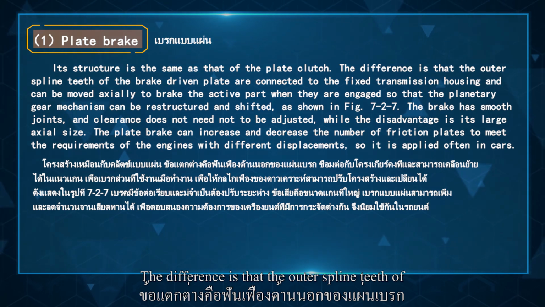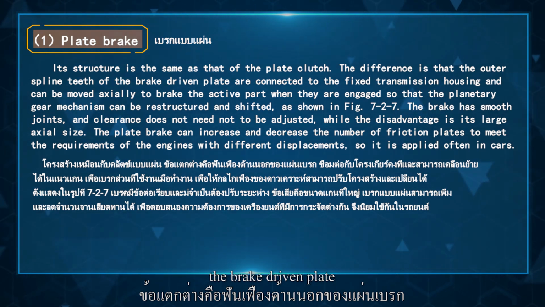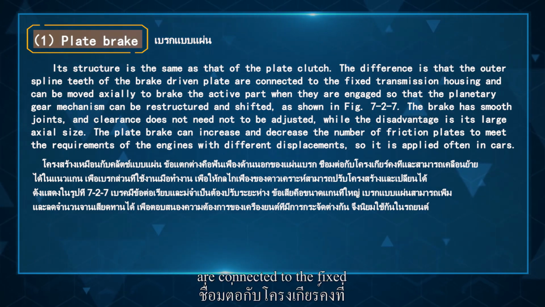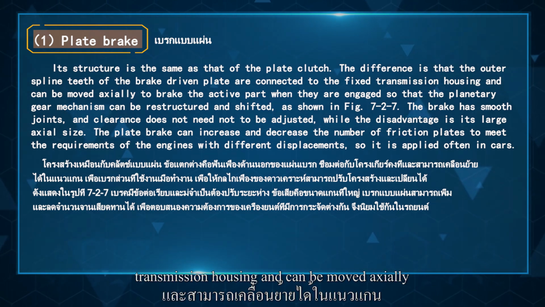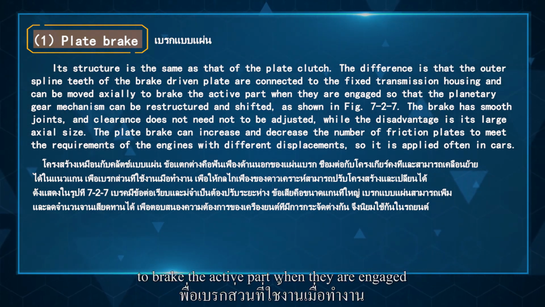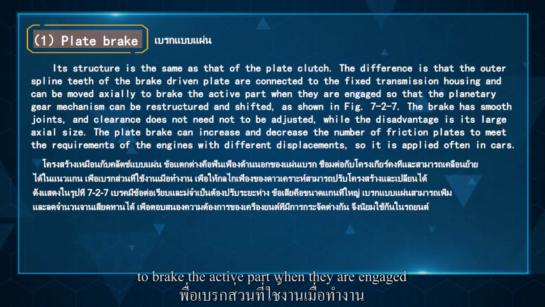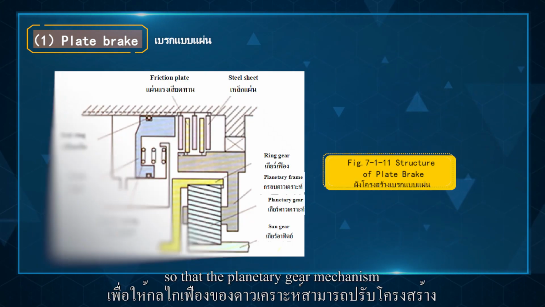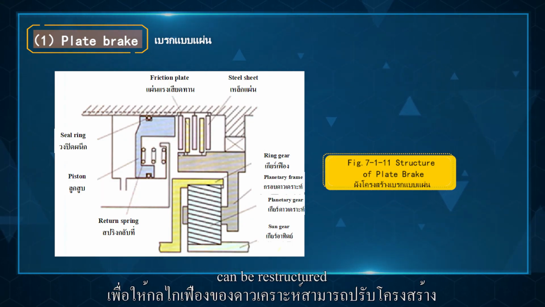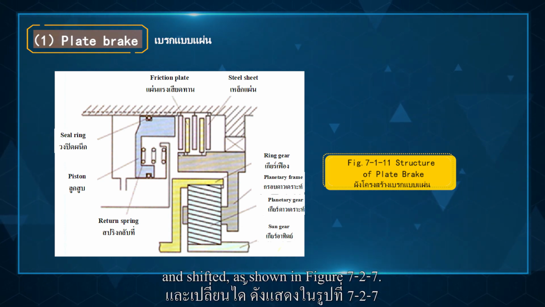The difference is that the outer spline teeth of the brake-driven plate are connected to the fixed transmission housing and can be moved axially to brake the active part when they are engaged, so that the planetary gear mechanism can be restructured and shifted as shown in figure 7-27.